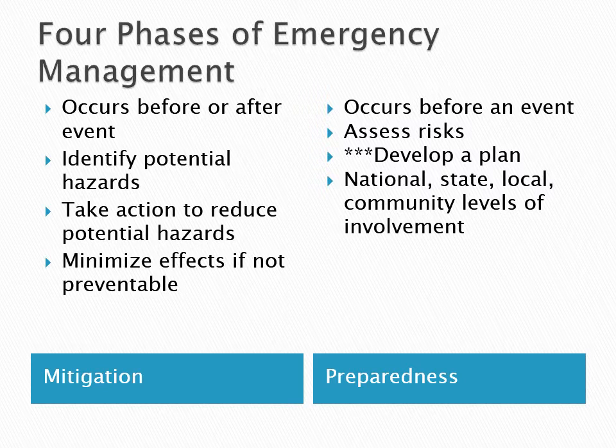levels. So the first one is mitigation, and this actually occurs either before or after an event, and it's identifying potential hazards, reducing those hazards, and then minimizing the effects if possible. So the nurse's role, the community health nurse, is primarily focusing on identifying the populations at risk within the community.